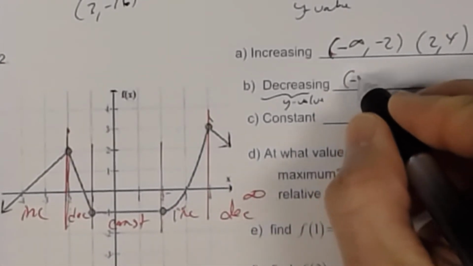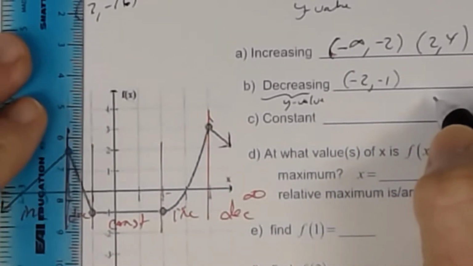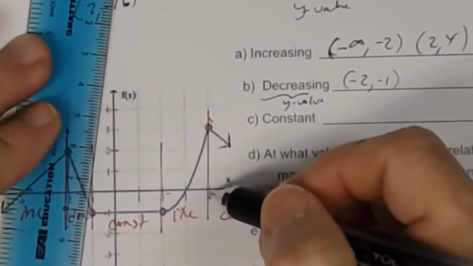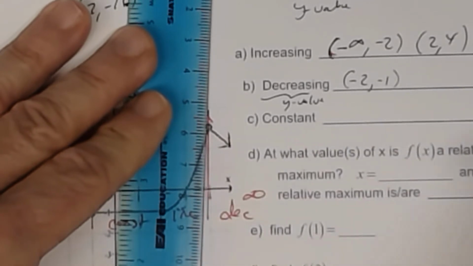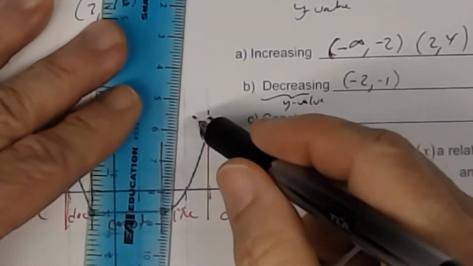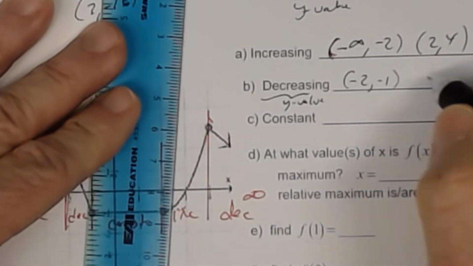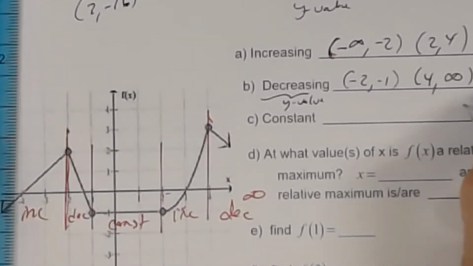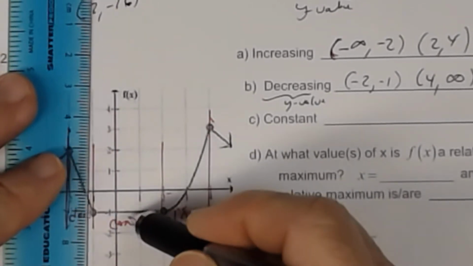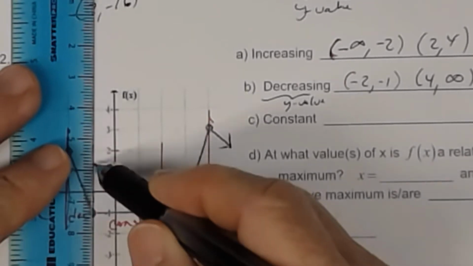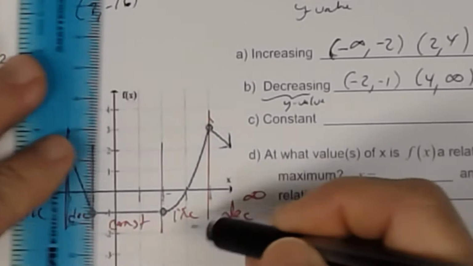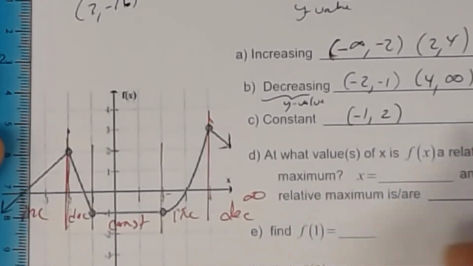They are also decreasing from 4 to infinity. And they're constant at only one interval, from -1 all the way to +2.